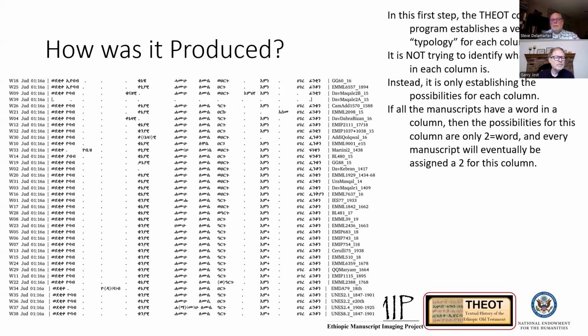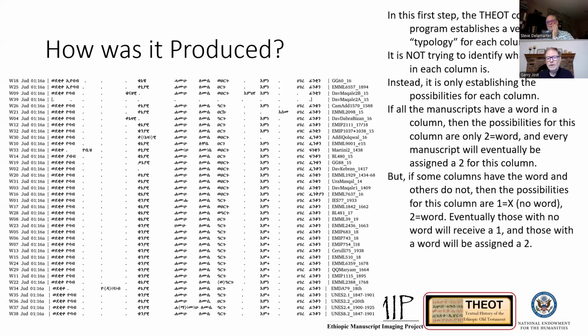And you see this actually in the first column. The exception is the 4th manuscript, where the square bracket indicates we don't know what the text is. It's a page missing, or the page is damaged at that point. But all the other manuscripts do have a word, and so that's the situation where the only option is there's a word there. But if some manuscripts have the word and others do not, then the possibilities for this column are 1, no word, or 2, word.